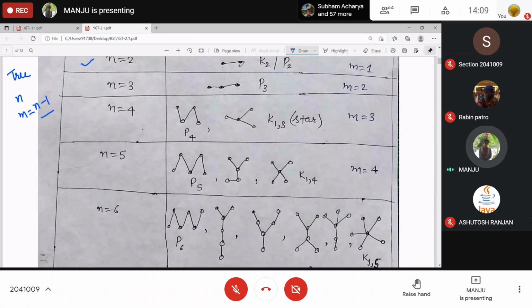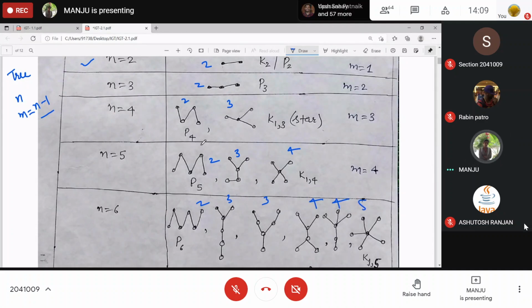Starting with a non-trivial tree, look at how many degree 1 vertices there are. Degree 1 vertices are known as leaves in a tree. Here 2 leaves, here again 2, here 3, then 2, 3, 4, and 2, 3, 3, 4, 4, 5.